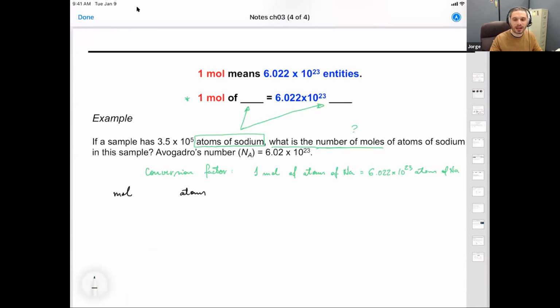The first line, we are always going to write what we have for the conversion factor. So we know that 1 mole of atoms is equivalent to 6.022 times 10 to the 23rd atoms.